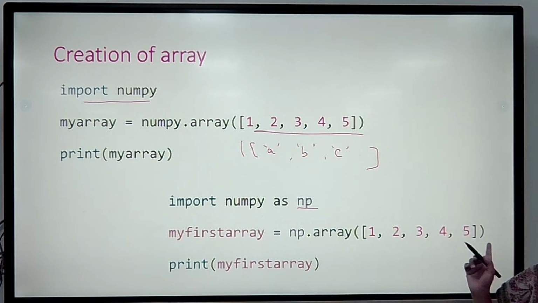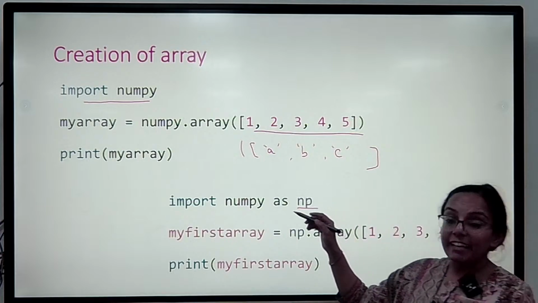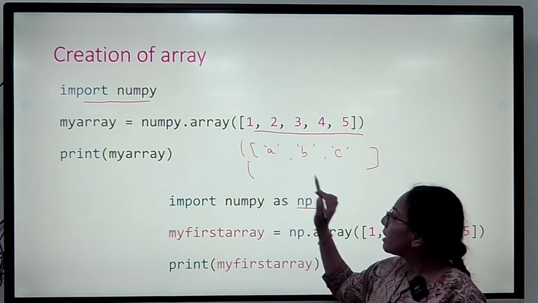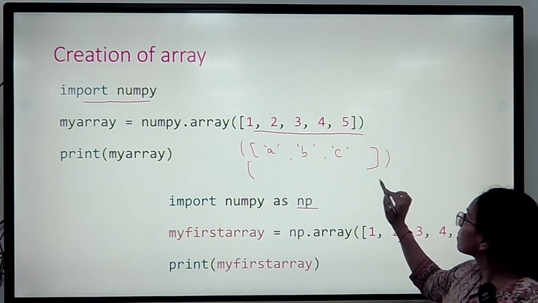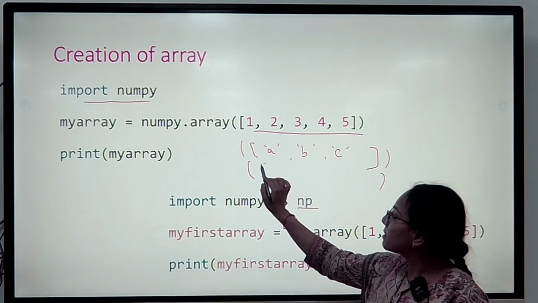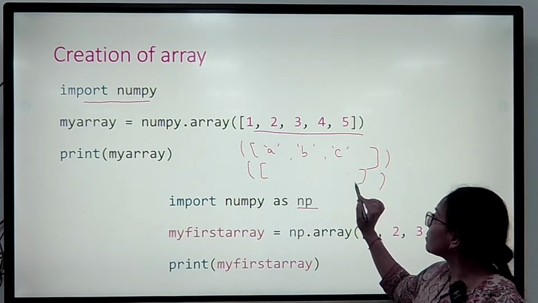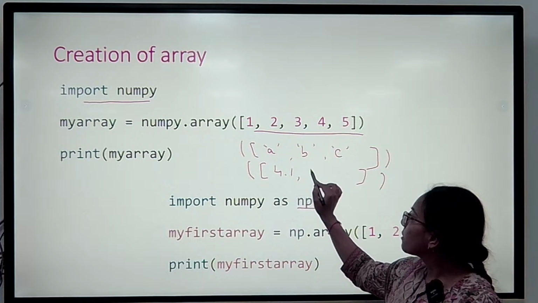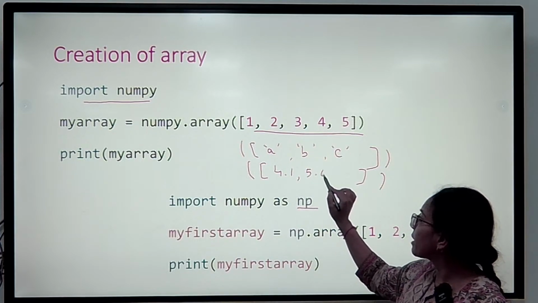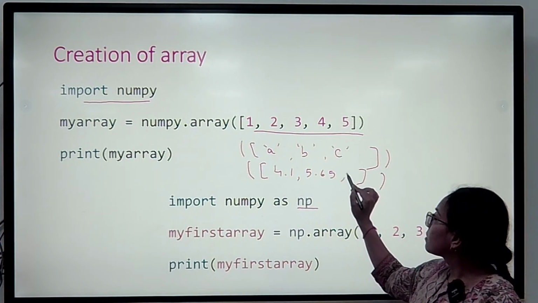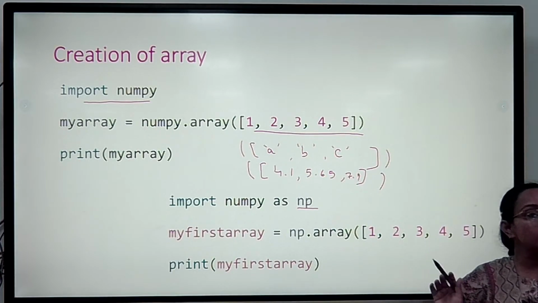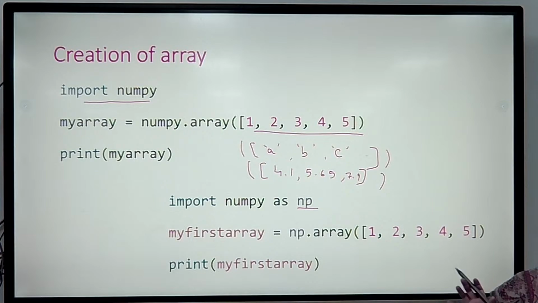This is an array of strings. I can have floating values in parentheses, and then inside the square brackets I can have floating values like 4.1, 5.65, 7.9. So I can have any number of any type of values inside arrays.